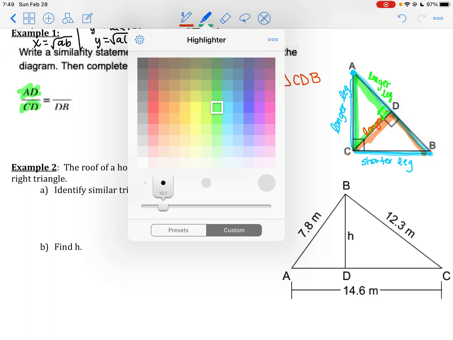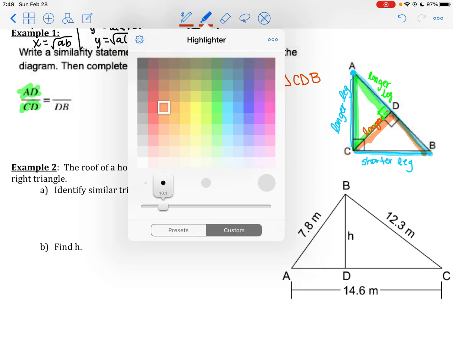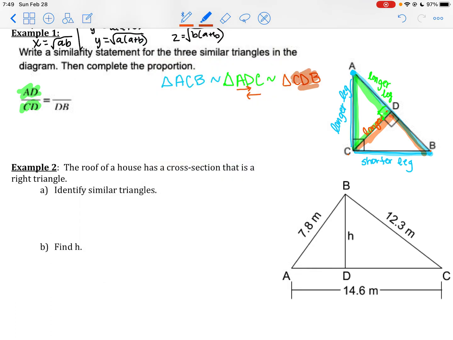As we name segments, we can name those in any order, but we do want to look at which triangle we're working with. So this one is the orange triangle that has DB in it. And so DB is the second piece, so the first piece would be CD. So AD over DB equals CD over DB. So you just figure out what those proportional parts are.